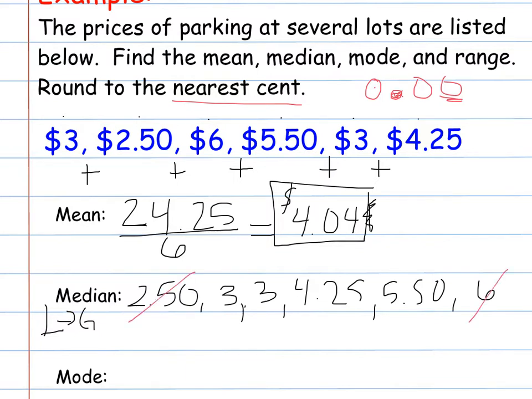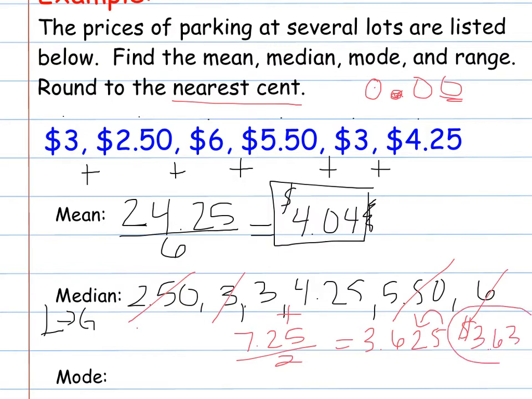Notice we have two numbers in the middle, so we have to add these two together, and we get 7.25, and we divide by 2 to find that middle number, and we're going to end up rounding that. 7.25 divided by 2 turns out to be 3 and 625 thousandths. So we'd round up for our median to be $3.63.